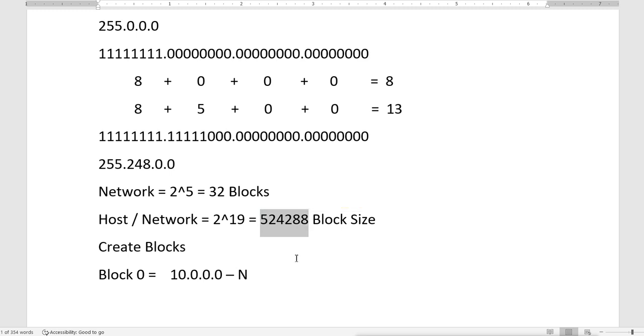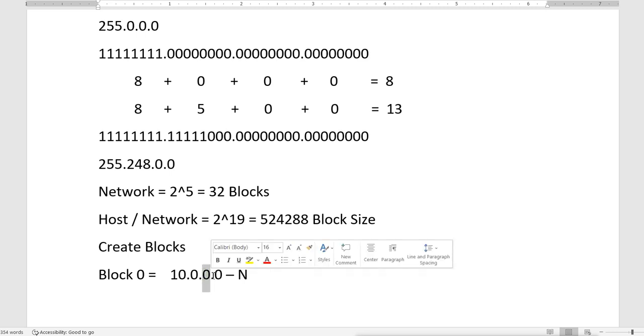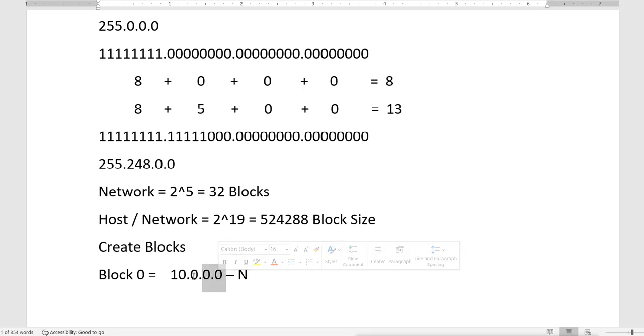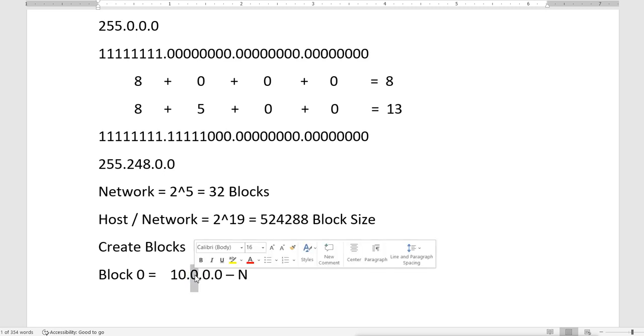You will go 0 to 255 here, then it becomes 1 here, then you go 0 to 255 again, then it becomes 2 here, and so on. When these two parts reach 255, this part changes to 1, 2, 3, 4, 5, 6, 7, 8. We have to change this part 8 times so we can reach this number of hosts.